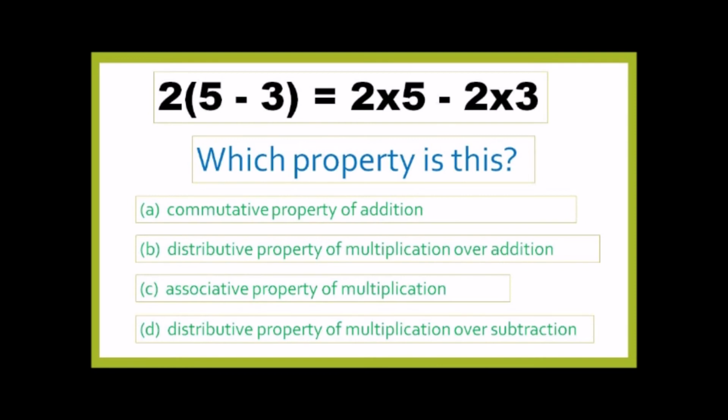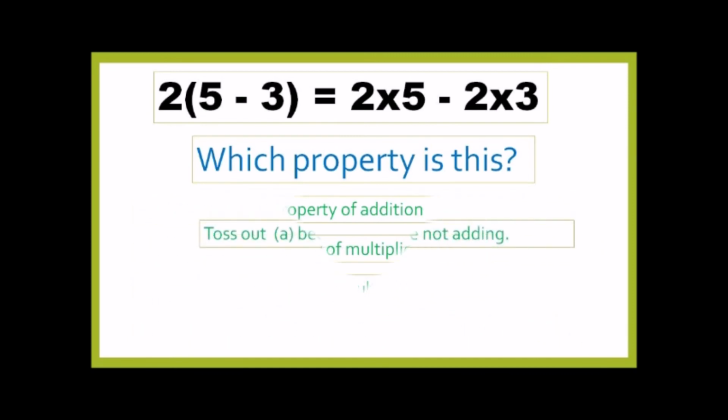Let's look at the answers and see right away what we can toss out. We just put some answers in there to confuse you. So let's get rid of them one at a time. Toss out A. Why? Because you're not adding.